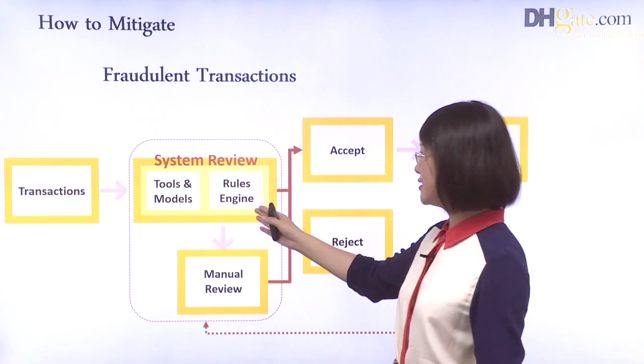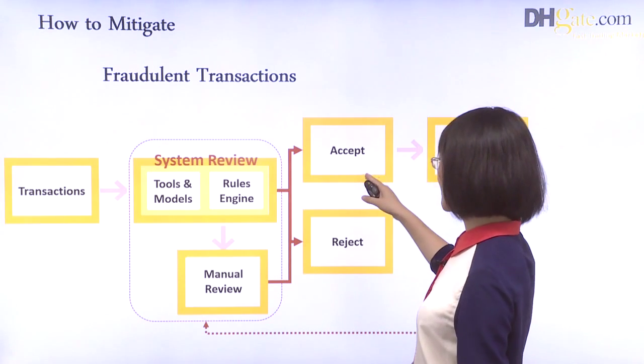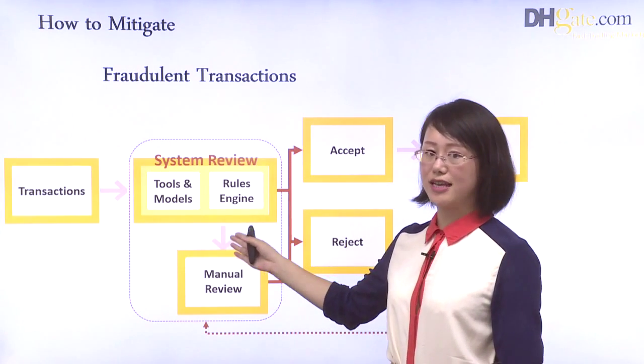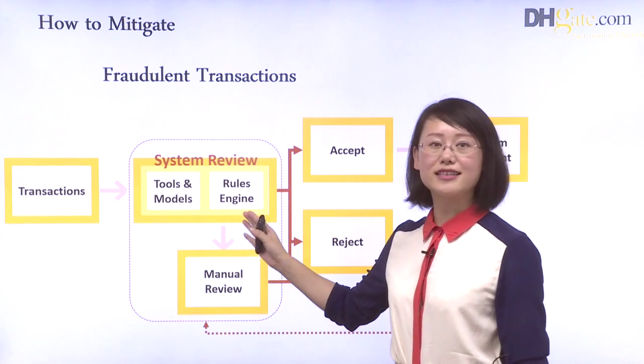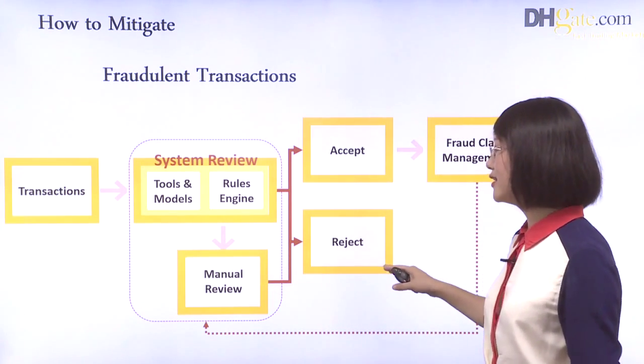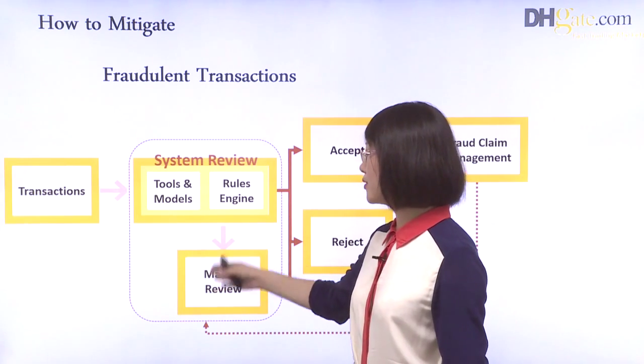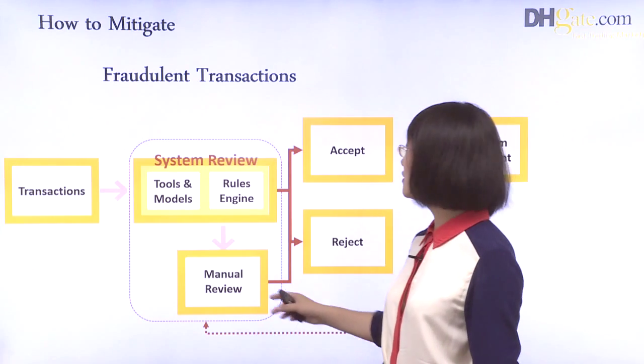If the transaction is identified as low risk, it will be accepted. And if the transaction is identified as extremely high risk, it will be rejected. Most of the risky transactions will go through the manual review.